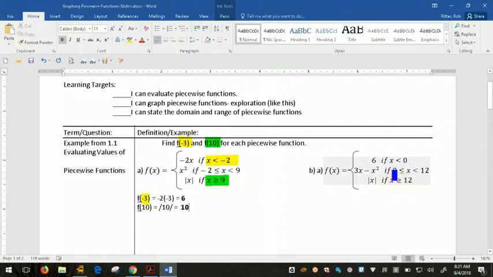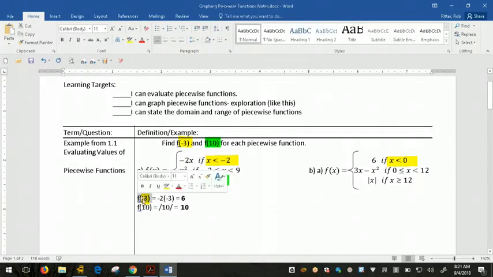Here, x has to be between 0 and 12, and here, x has to be less than 0. For f of the opposite of 3, I'm going to use the top equation, because it has the right domain and interval that I need. And so for f of negative 3, the answer is just 6.